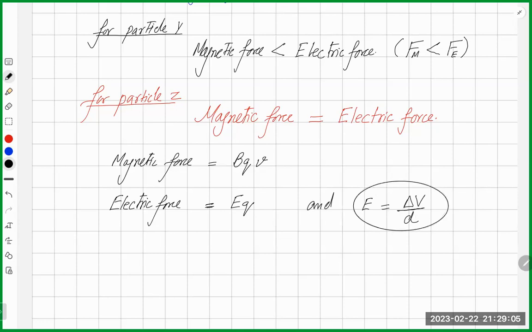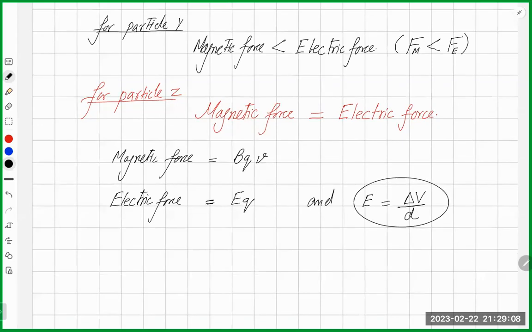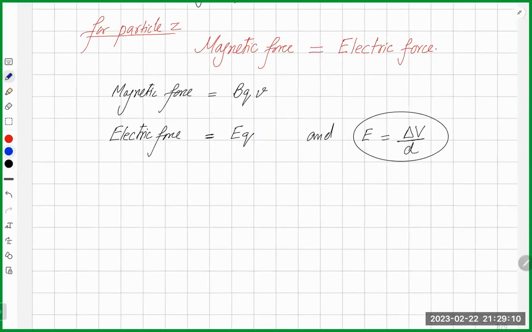We will be bringing that thing later into the situation, but right now, for particles ending up at BQV equals EQ, what do you think has become irrelevant over here? Charge.